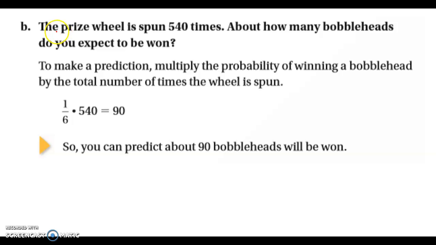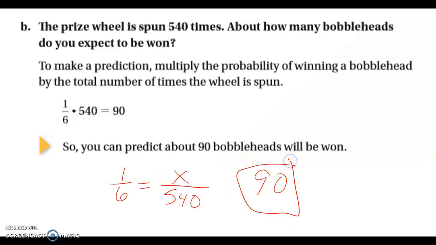So then it says the prize wheel is spun 540 times. How many bobbleheads are you expected to win? So I would have done this. 1 out of 6 equals what out of 540? And if you do your cross products, you get 90. So you'd expect 90 people to win.